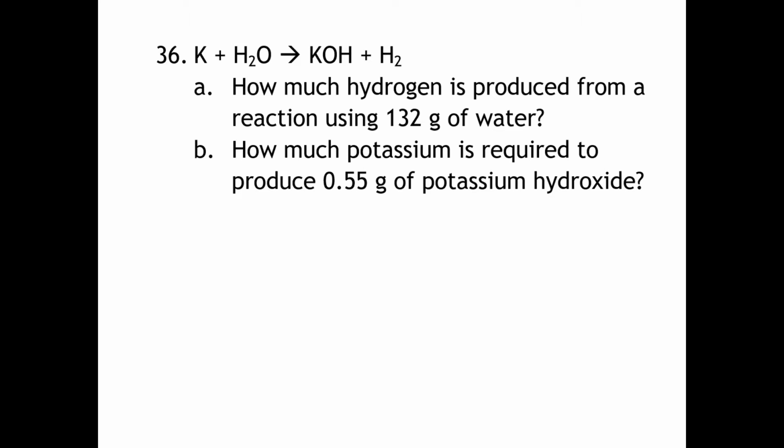The molar ratio is 2 to 2 between potassium hydroxide and potassium, even though we need 2 molecules of each. We end up with a final answer of 0.38 grams of potassium needed to react with water to produce this much potassium hydroxide.